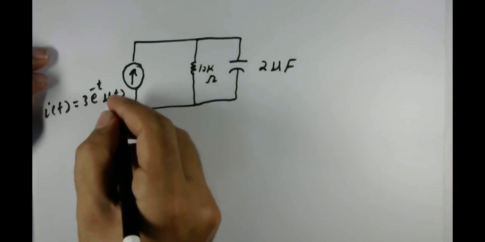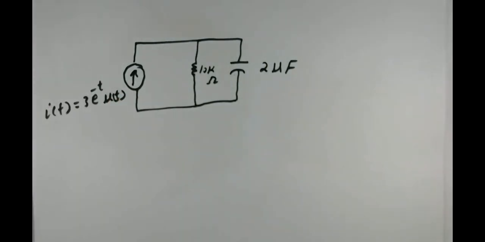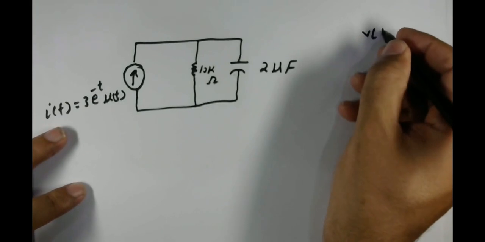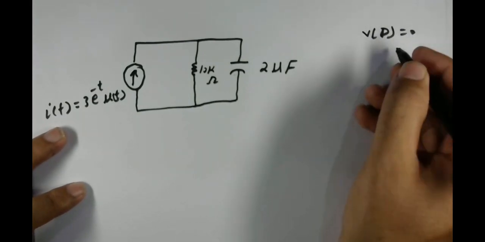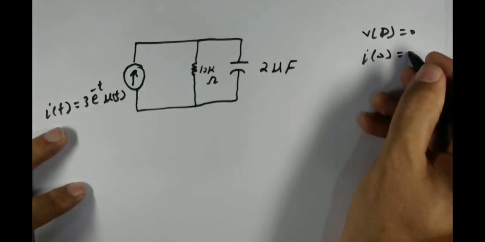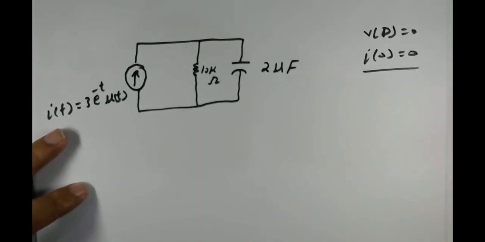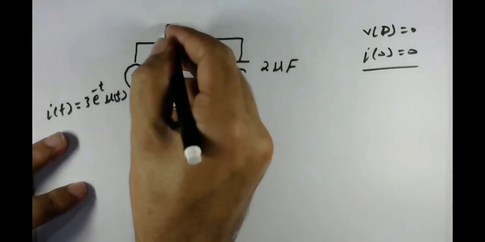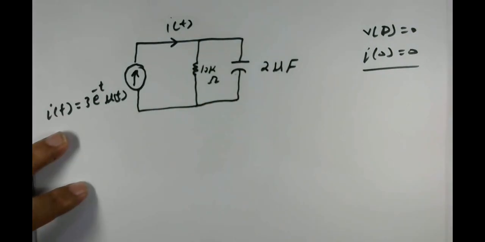Here u of t means there is no previous value. If you find u of 0, this will be 0 because initially the capacitor is uncharged. So the condition I told you, that v of 0 and I of 0 are 0, holds here.